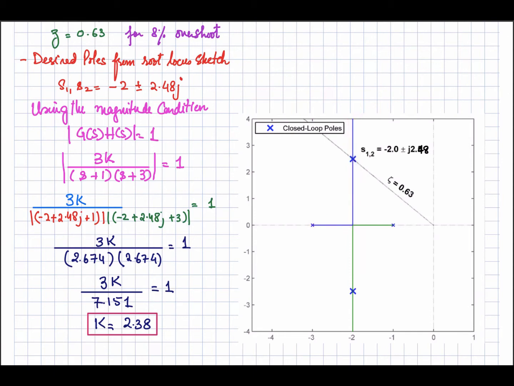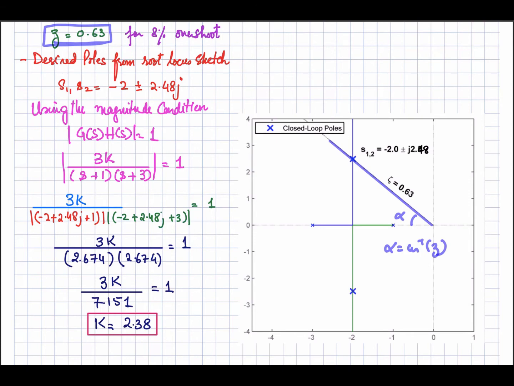In the last video we have seen that we can draw the zeta lines. First of all, we are going to draw the zeta line, zeta equal to 0.63, because that is our required damping ratio. We will sketch this line at a certain angle alpha, equal to cos inverse of zeta.